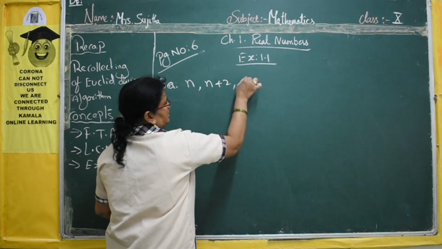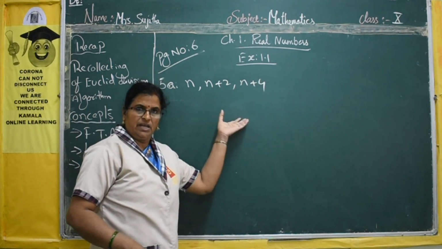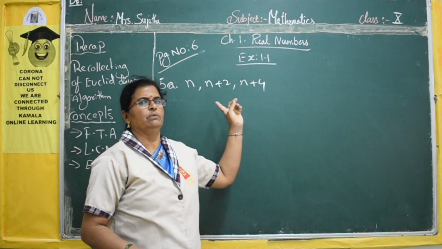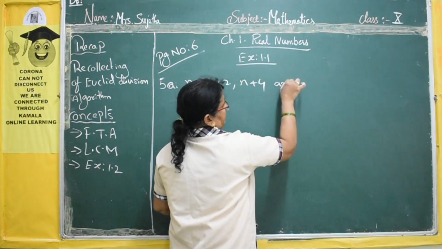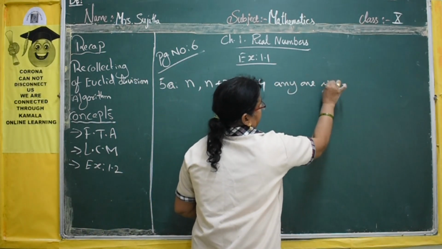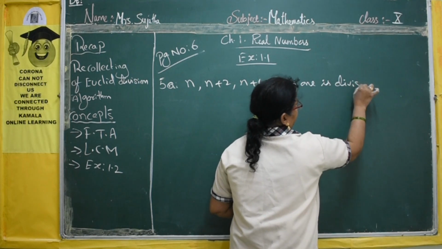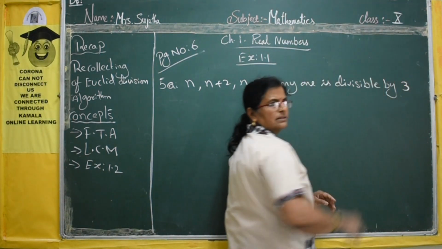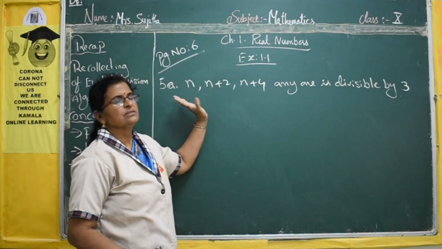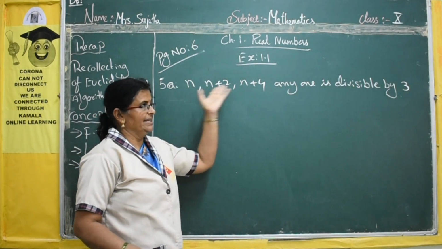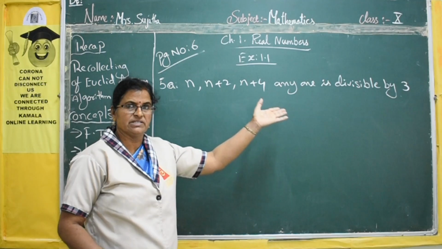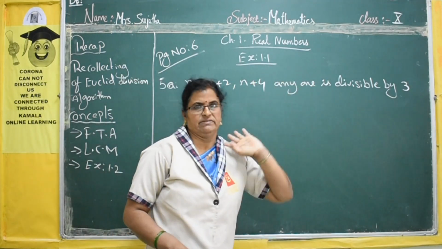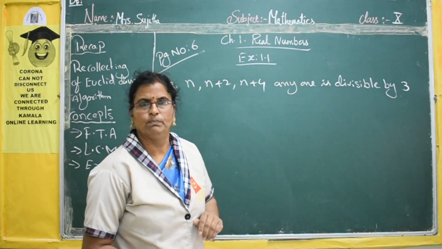Among these three, any one will be divisible by 3. That we have to prove. Means which one? Is it n divisible by 3, or n plus 2 divisible by 3, or n plus 4 divisible by 3? That we have to prove.